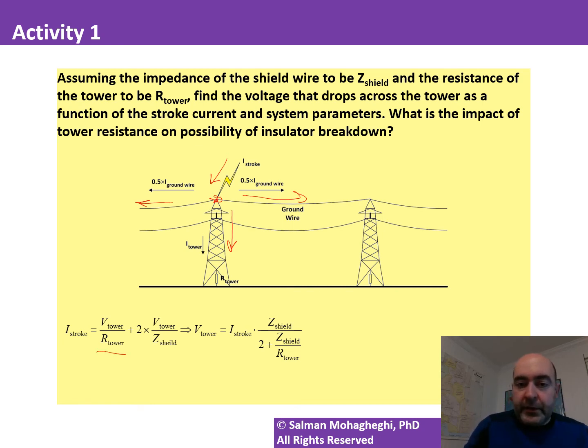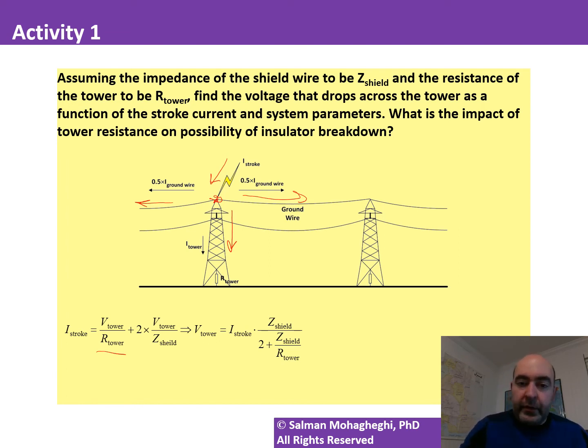The portion of the current that will flow along the ground wire to the right will be V of tower, the voltage dropped along the tower, divided by the characteristic impedance of the shield wire. And the portion that will go to the left will be the exact same value. Again, V of tower divided by characteristic impedance of the shield wire.